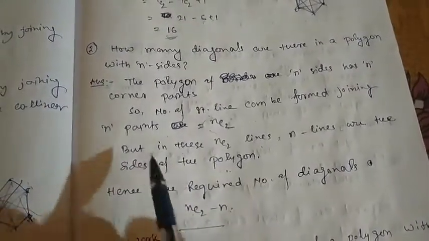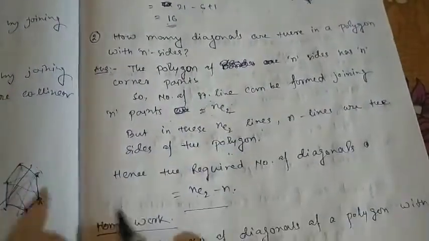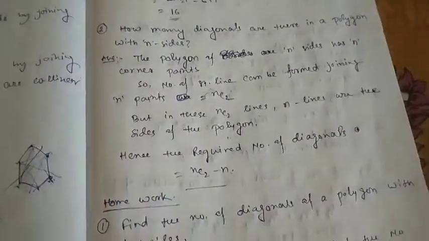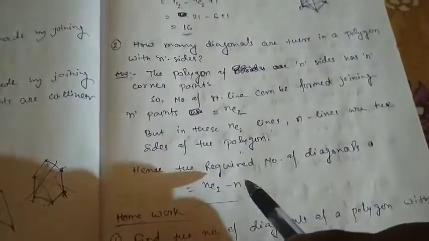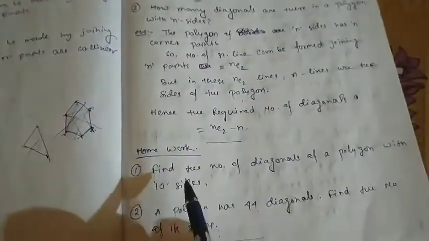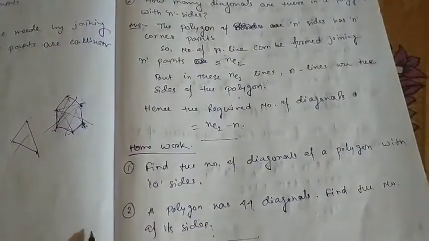In this nC2 lines, n lines are sides of the polygon, hence the required number of diagonals is nC2 minus n. This result nC2 minus n can be used as a theory also.